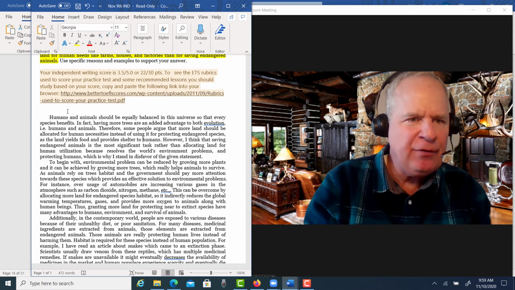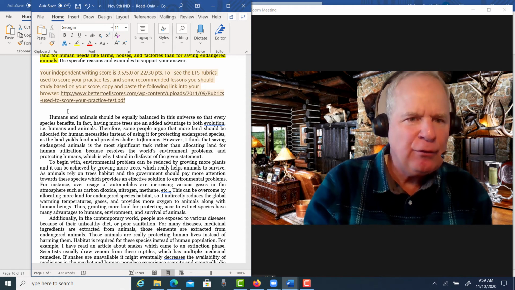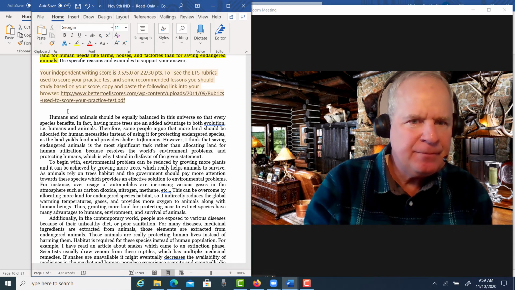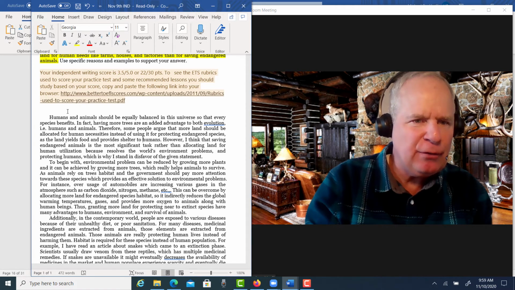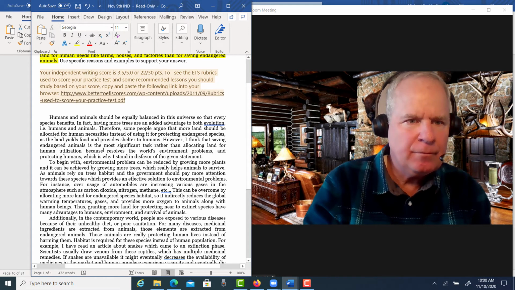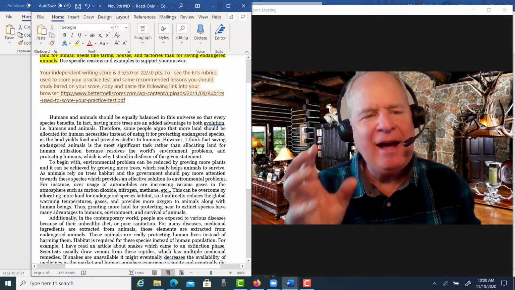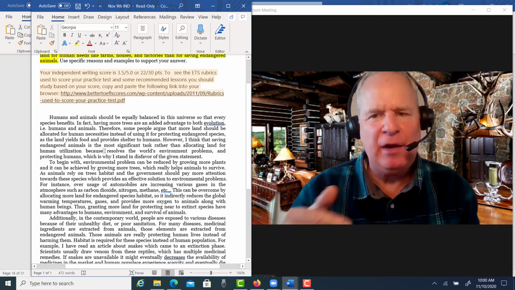However, I think that saving endangered animals is the most significant task rather than allocating land for human utilization, because... because you have to have a subject in this subordinating conjunction here.